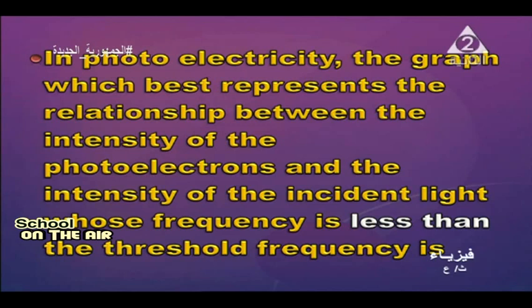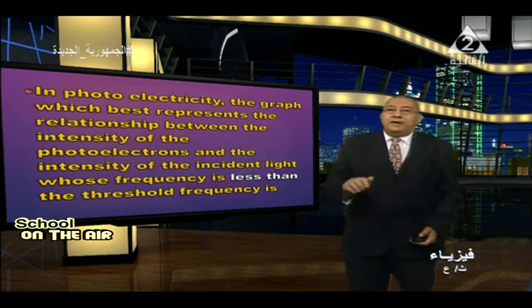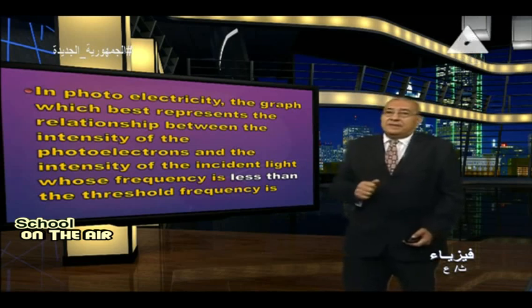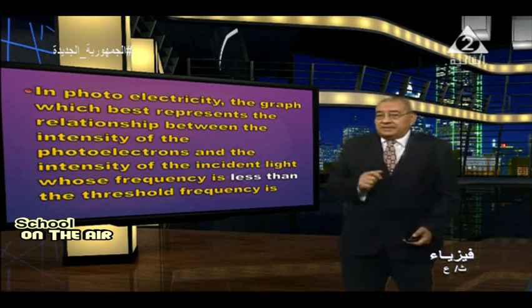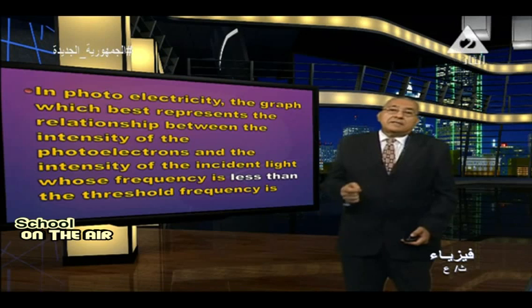When the frequency is less than the threshold frequency, there is no emission of electrons, no matter how intense the light is. This is very important. So what about the graph that best represents the relation between the two intensities, the intensity of the incident radiation and the intensity of the photoelectric current?